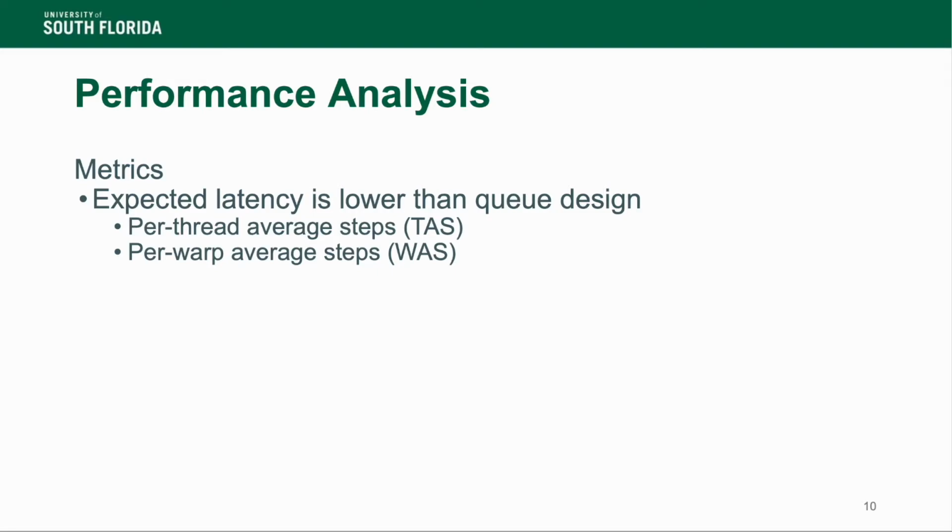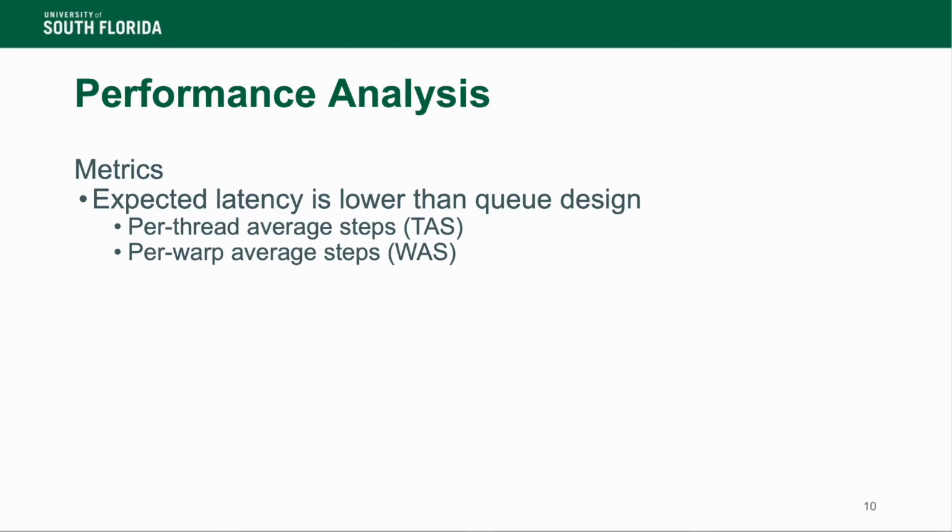Our previous work showed that by measuring the average steps a thread takes, we can say that the running time is roughly a linear function of per thread latency. We also verified the effectiveness of the two metrics via a large number of experimental runs.